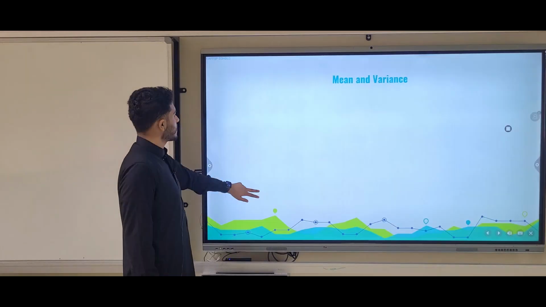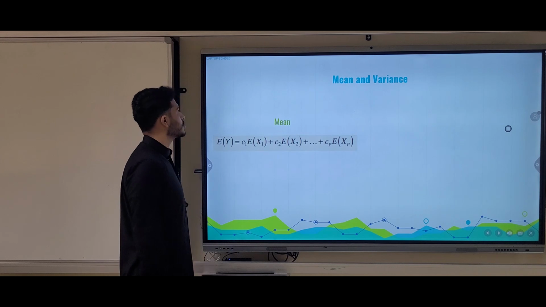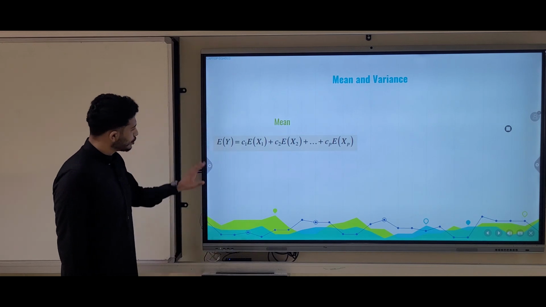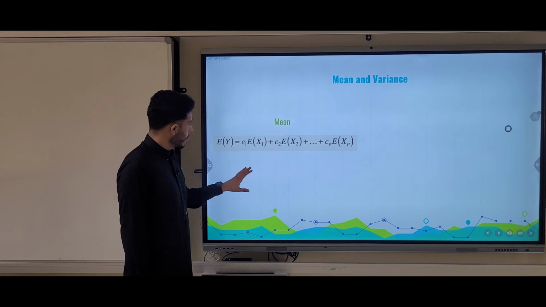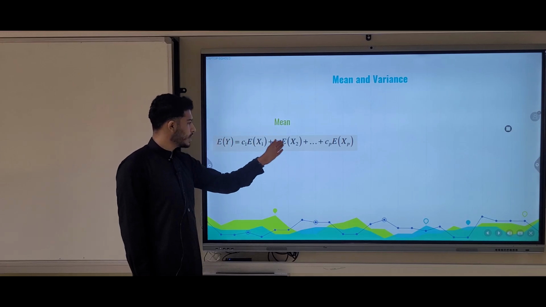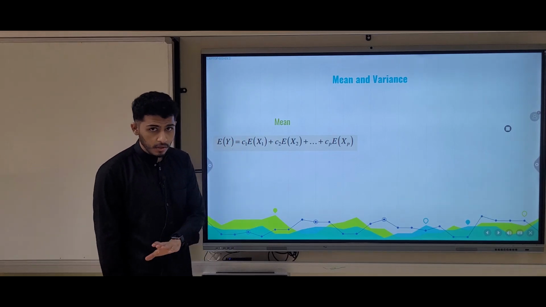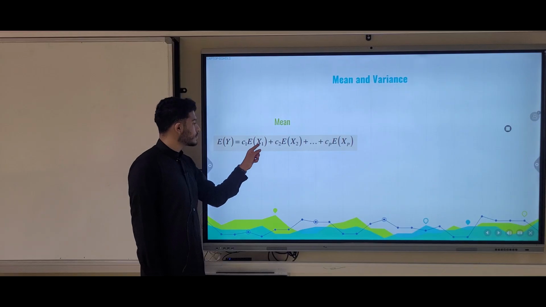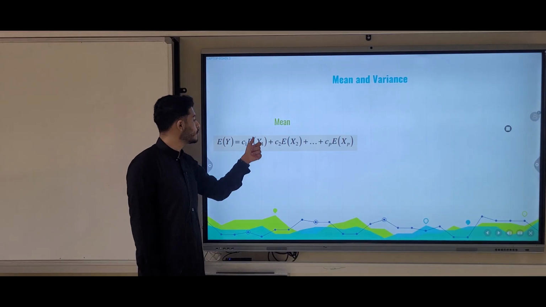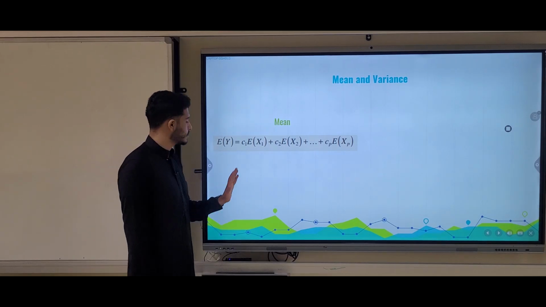So let's move forward. So finding the mean of these functions of random variables should look something like this, where you can find the expected value of each individual random variable by itself, and the constant that was multiplied by this random variable could leave the expected value function just as it is, which is extremely helpful and extremely useful.